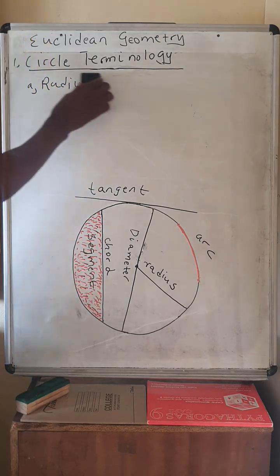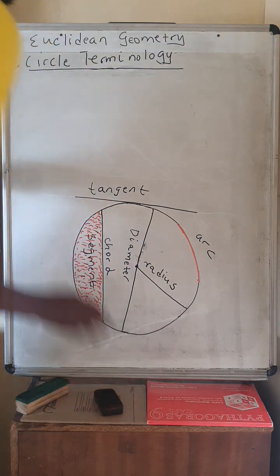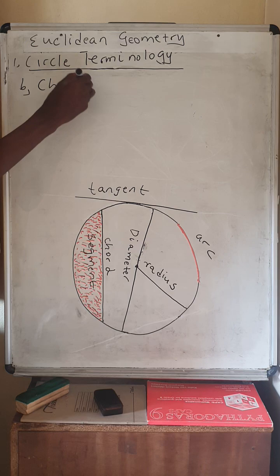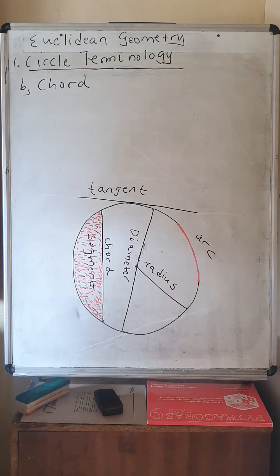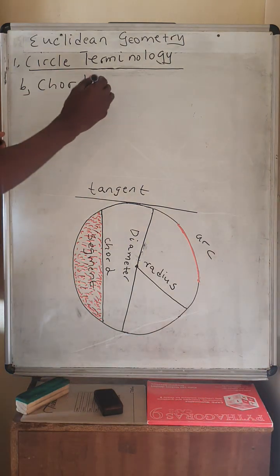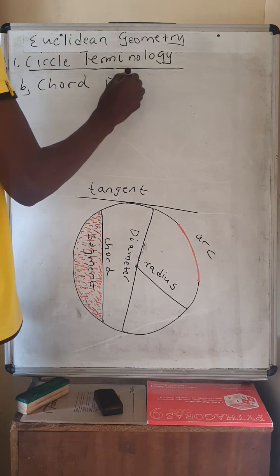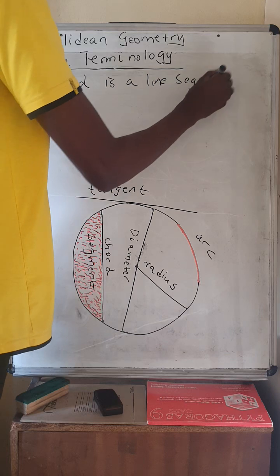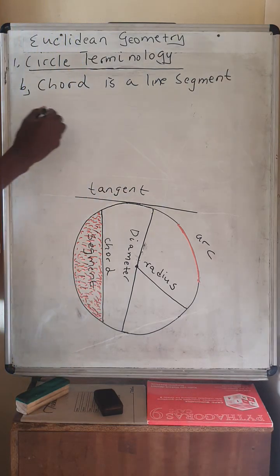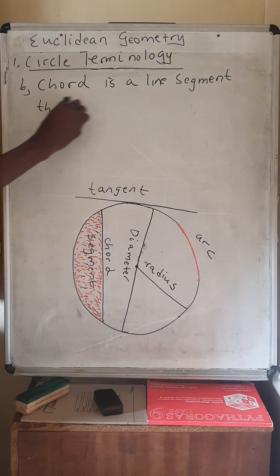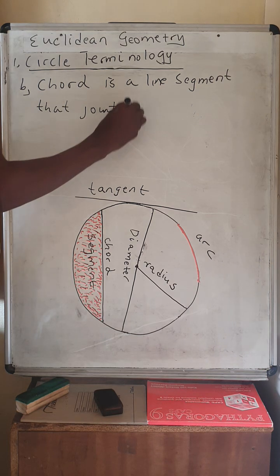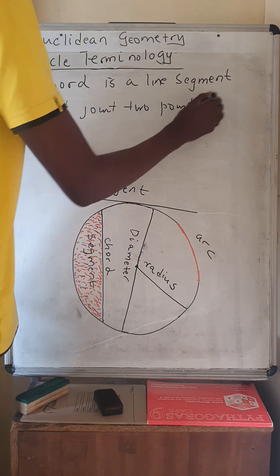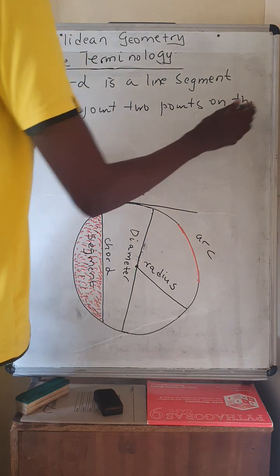Next, AB will be a chord. A chord is a line segment. Let me just write it down. A chord is a line segment that joins two points on the circumference.